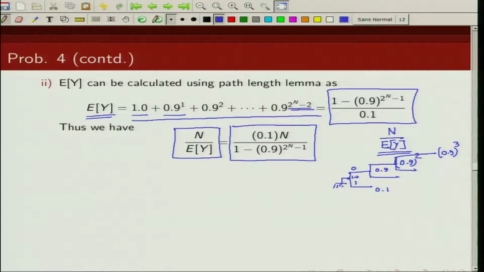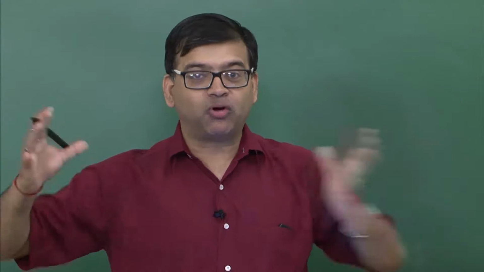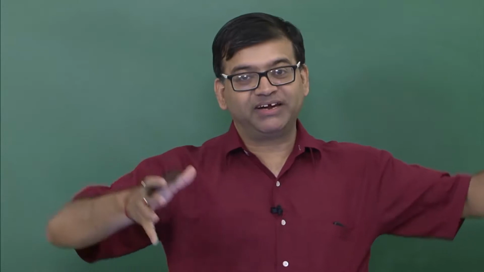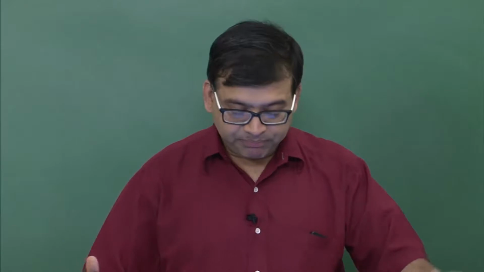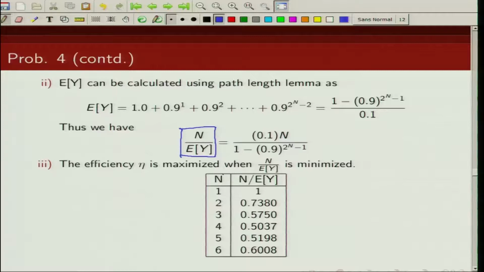Now the third part of the question says, what is the value of n for which we get maximum efficiency? And of course we will get maximum efficiency when this ratio is smaller, because we want to compress a large block of data. Remember we are doing variable to block length coding, so the output block length is fixed. So we will get more compression if we are able to combine larger blocks of data into this block of length n. So we evaluate this ratio for various values of n.